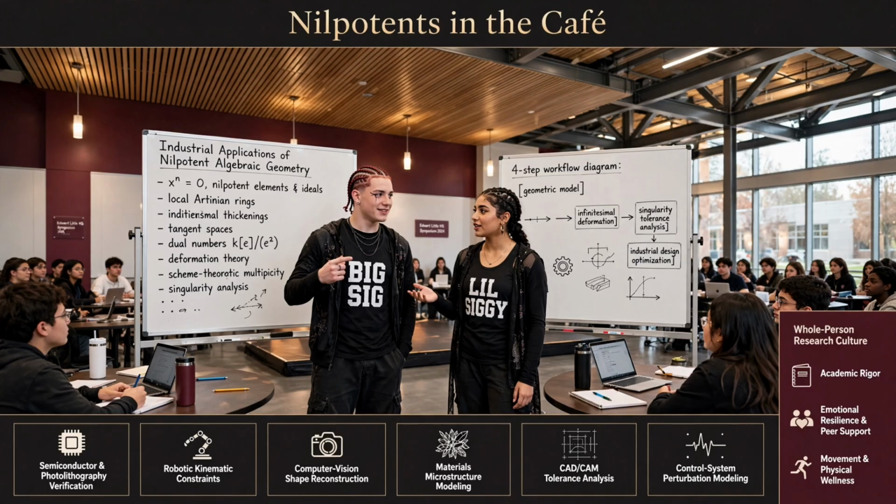So consider this. If abstract, localized algebraic tools like nilpotent infinitesimals and finite jets map so perfectly, so flawlessly onto the physical laws of our universe, modeling the conservation of energy better than the infinite continuous real number line ever could, does that imply something fundamental about the architecture of reality itself?